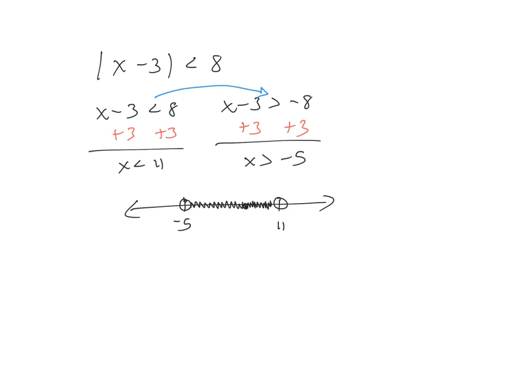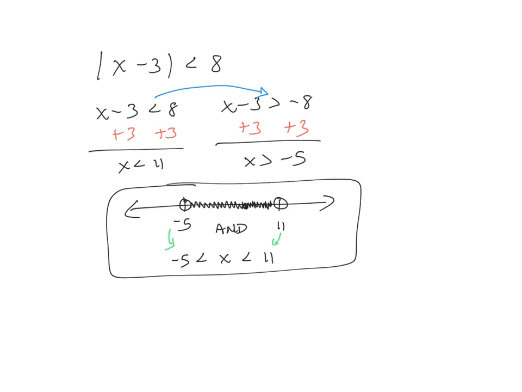So I end up shading in the middle. So this is an AND problem because it's shaded in the middle. And so I just combine the two things together. So if you notice, to write this compound inequality, I just bring these two numbers down.